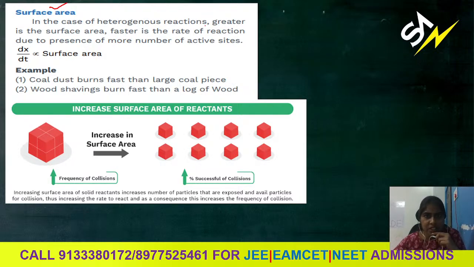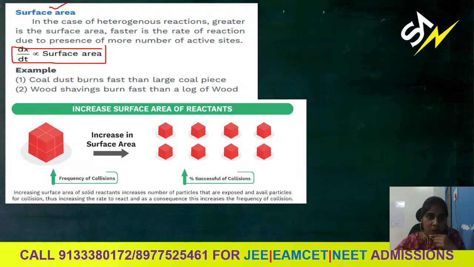In case of heterogeneous reactions, the greater the surface area, the faster the rate of reaction. If the surface area is more, there will be more exposure of the surface for the reactant molecules to collide, which is directly proportional to the rate of reaction.